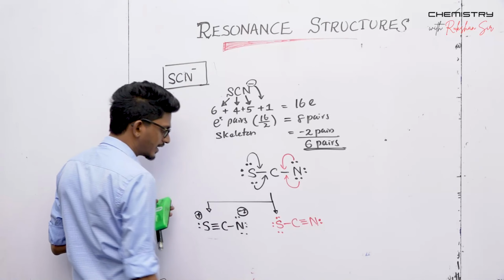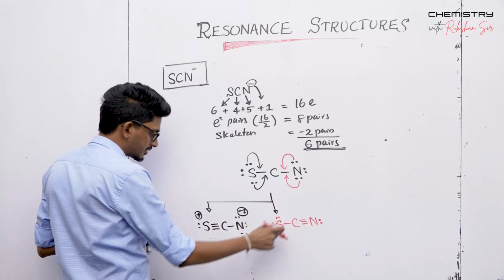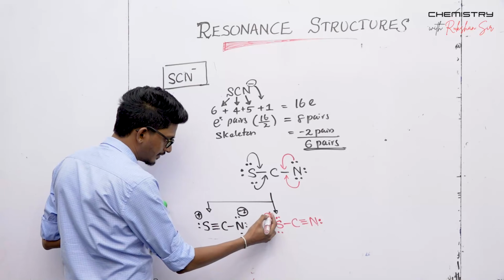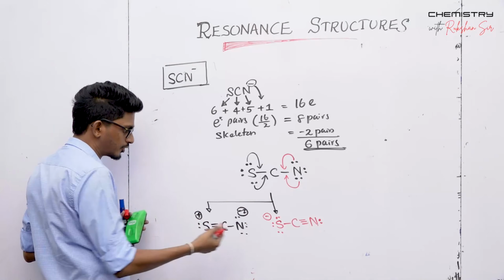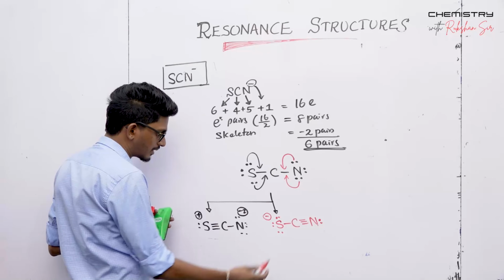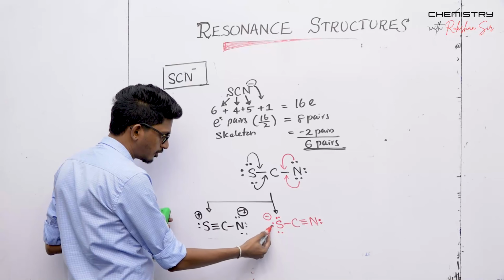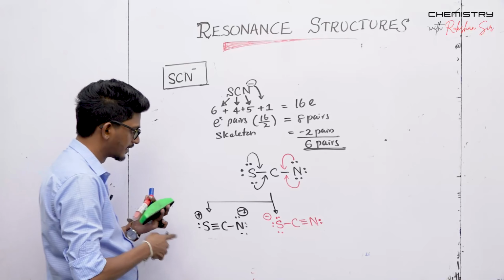With this structure, if you allocate the right charges, this will come up with a minus charge on sulfur, because only 6 electrons should be around sulfur, as it is group 16, oxygen's group, but now we have allocated 1, 2, 3, 4, 5, 6, 7. That is a CN minus, another resonance structure.